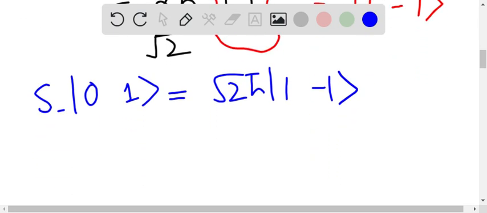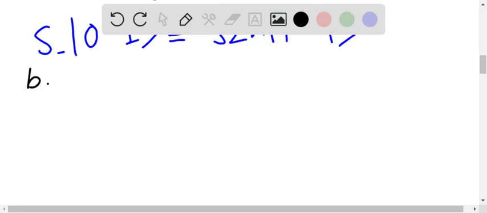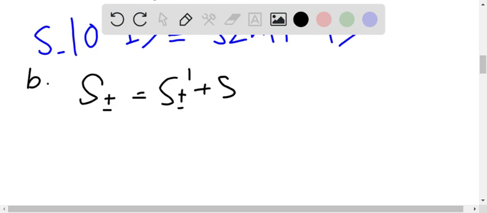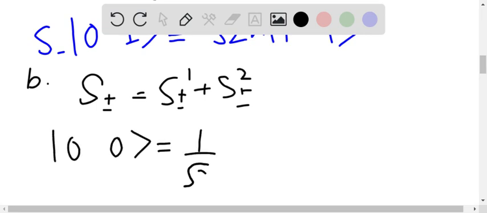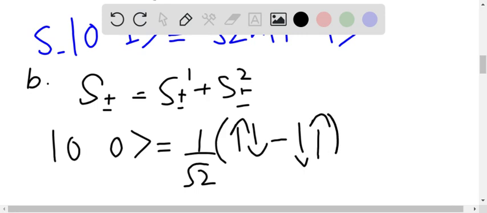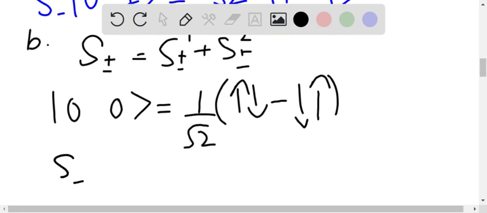So for part B, we know that S positive is equal to S positive 1 plus S positive 2. And from equation 4.178, we have |0 0⟩ is equal to 1 over under root 2 (upward downward minus downward upward). So let us start with S positive on |0 0⟩ and look at how it will go.